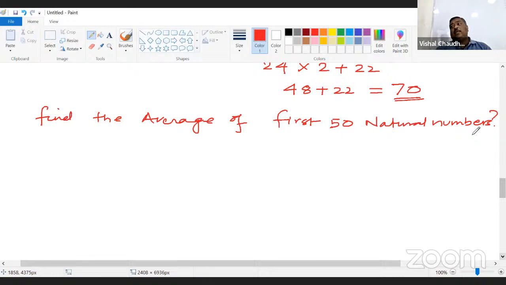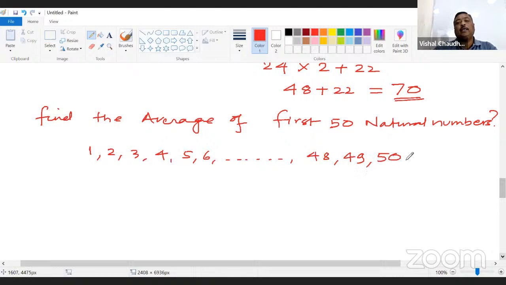Natural number is a counting number. You start your counting with 1, so 1 is your first natural number. So the 50th natural number will be 50. So we have 1, 2, 3, 4, 5, 6, and it goes till 48, 49, and 50. Clear?